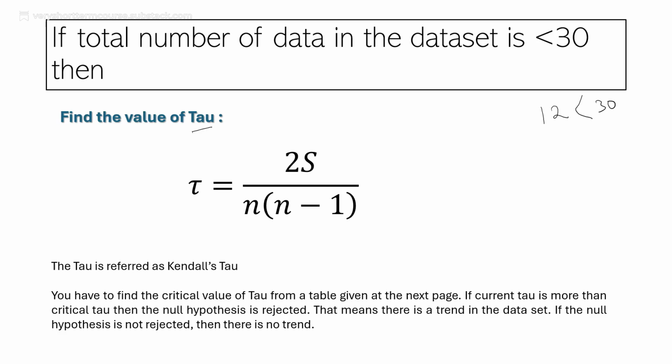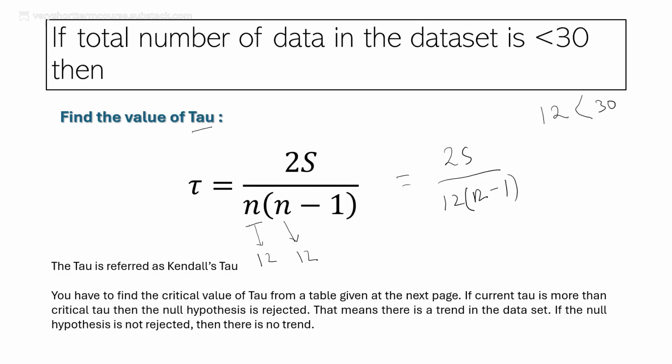This is 2S, where S is the S that you calculated in the previous slide. N is the total number of data in the data set. For this case, it is 12. This N is the same, 12. So this becomes 2S by 12 times 12 minus 1.